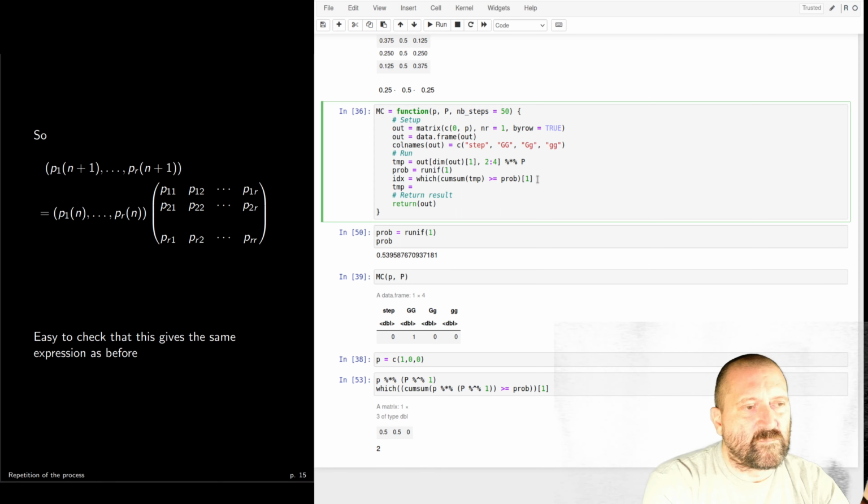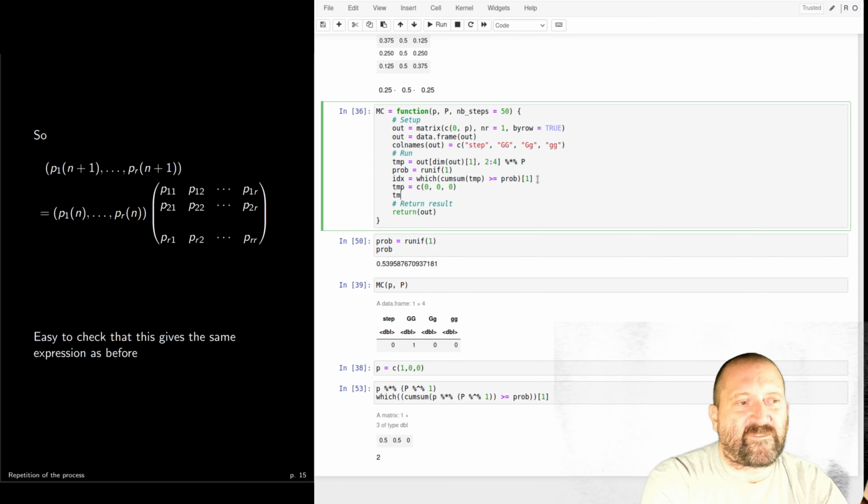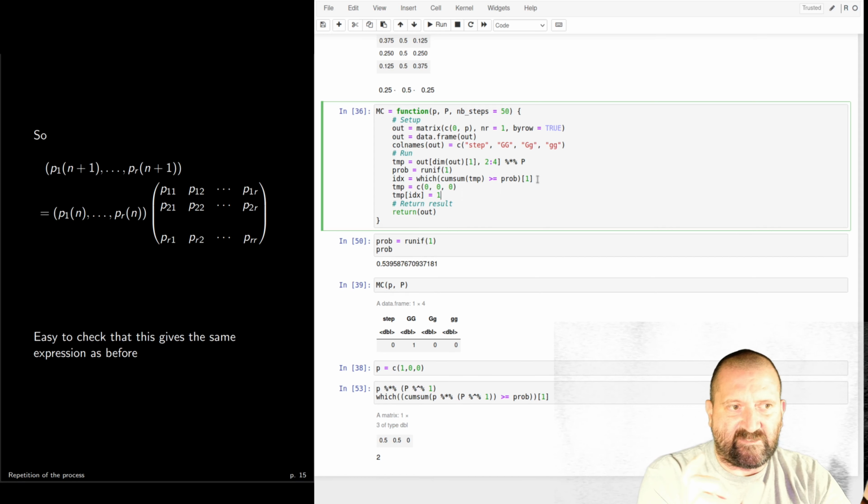So I'm just going to say that temp is equal to, what do I want to do? I'll do it stupidly. There's much prettier ways to do it. I can say that just temp is this, and temp of the index is equal to 1. Okay. So here I've selected in my vector temp the entry that is going to get the weight 1.